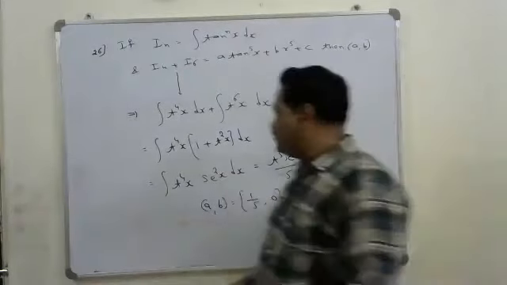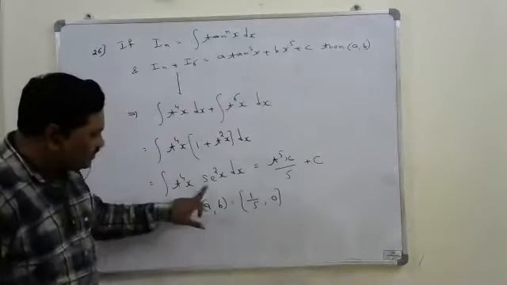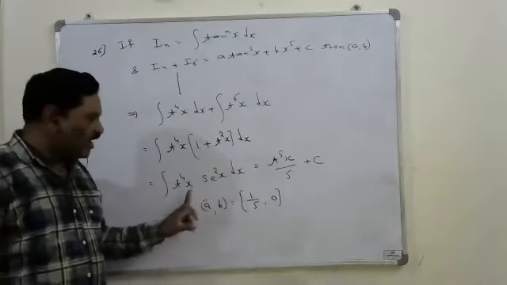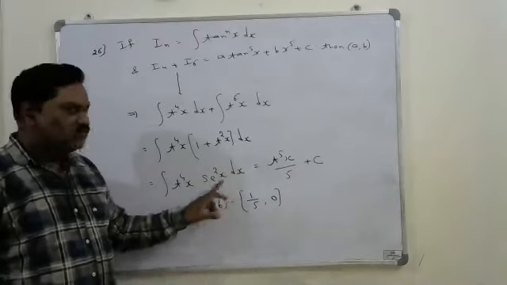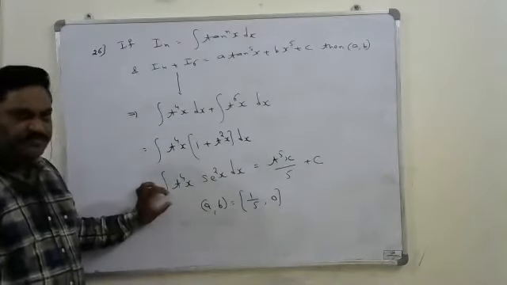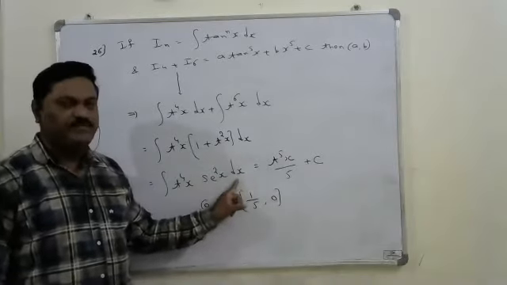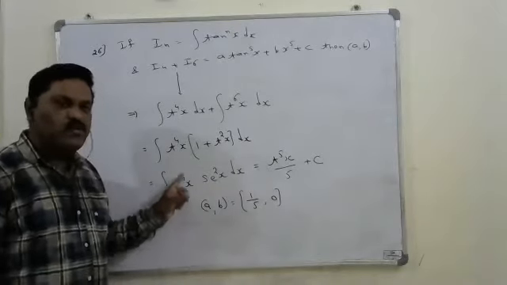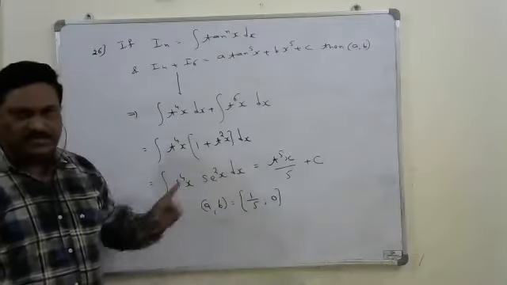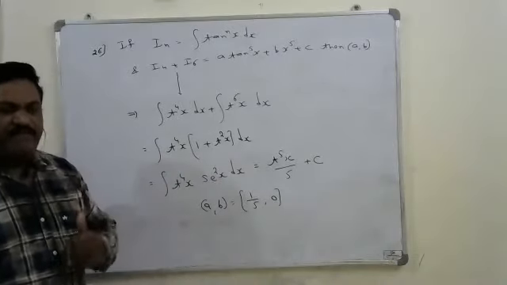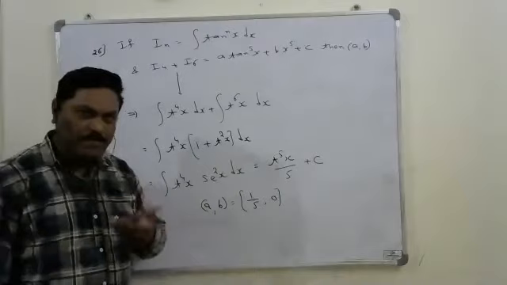Now we can observe that the derivative of tan x is secant square x, which is there here. So it is in the format of integral f of x whole power n into f dash x dx. That formula is f of x whole power n plus 1 upon n plus 1.